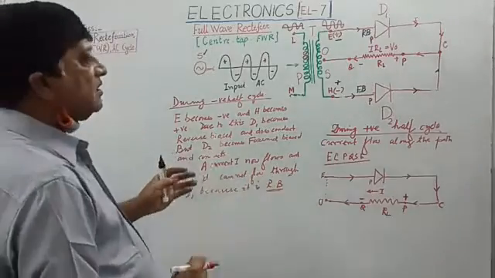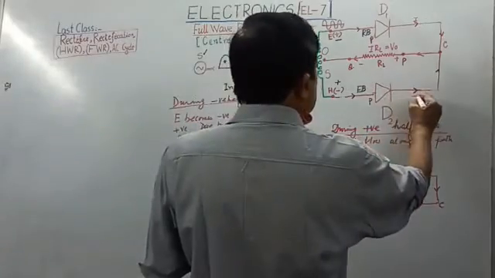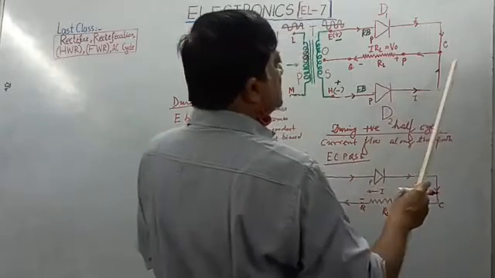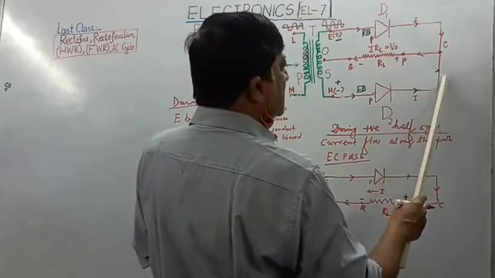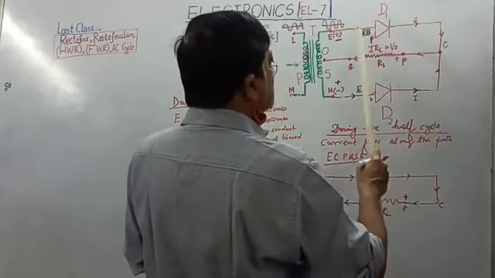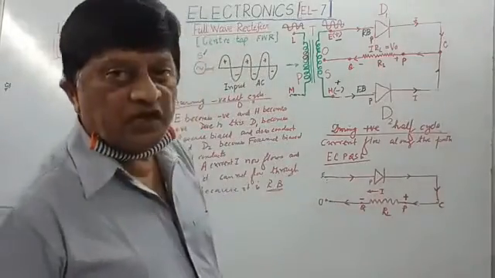When the current I comes here, then at this point can it go through D1? No, because D1 is reverse biased.